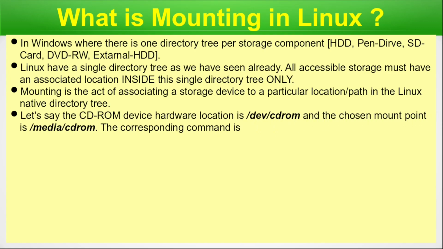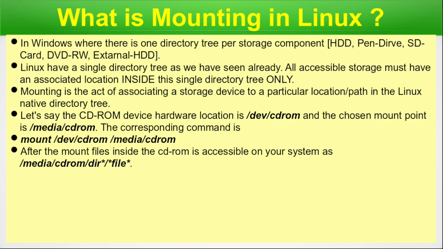Let's say a CD-ROM device's hardware location, this is the physical location, is /dev/cdrom, where dev is for devices. And the chosen mount point will be /media/cdrom. The corresponding command is mount /dev/cdrom /media/cdrom, with spaces between mount and the next sections. This way mounts a particular CD-ROM.